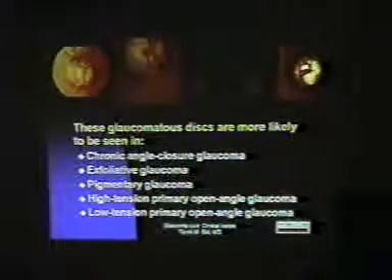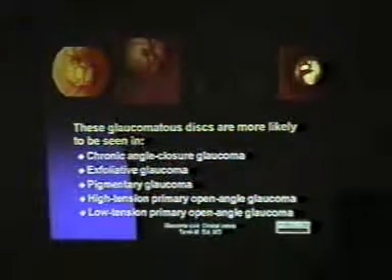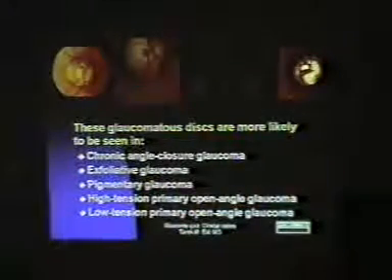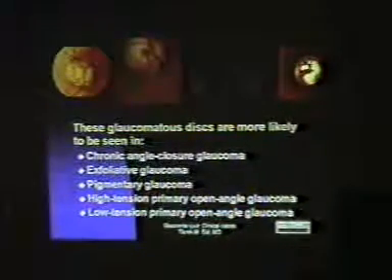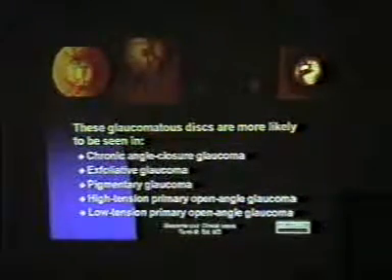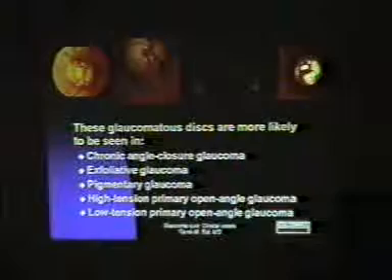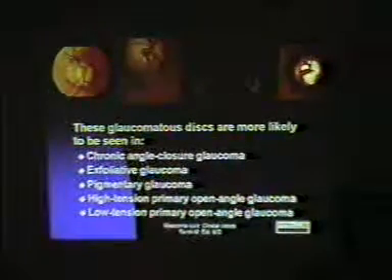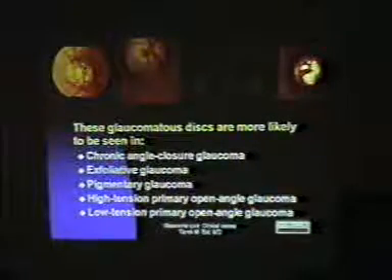This disc, what does it have? Yes, that's what we call it. We don't say pit, this is a bit. It's an acquired pit. This is a pathognomonic feature of glaucoma. This is not a congenital pit. This is an acquired pit, which is pathognomonic for glaucoma.